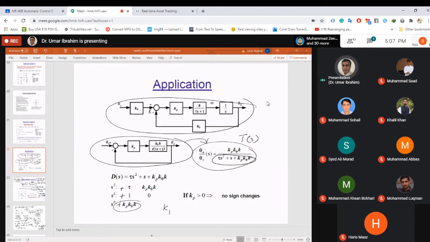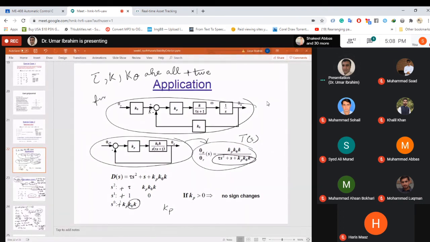So the product of Kp, K theta, and K should be greater than 0 or should be positive. Since we are already given that K theta in the question, this is a book question or somewhere, K theta and K are already given as positive. So given a T, K, and K theta are all positive.